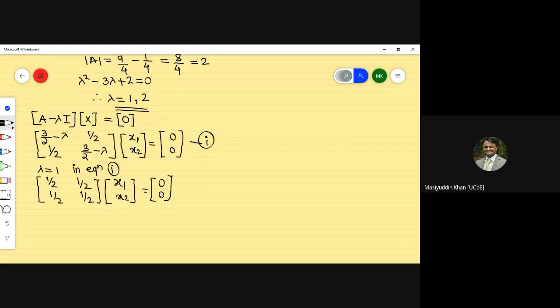You have done this in 3 cross 3, nothing new for you. We take any one equation, that is half into x1 plus half into x2 equals 0. Therefore half x1 is equal to minus half x2. The halves cancel, so x1 upon 1 and x2 upon minus 1. So the first eigenvector is x1 equal to 1, minus 1.